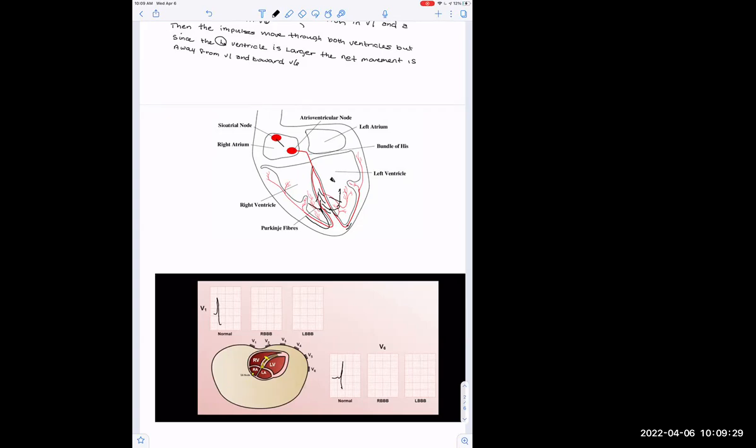All right. So let's talk about a right bundle branch block in general.